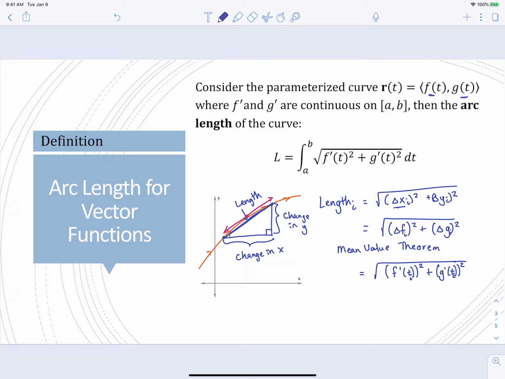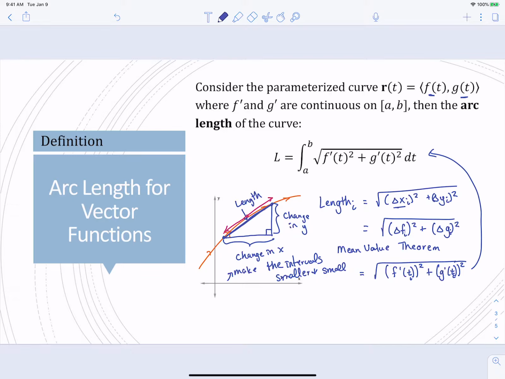But again, what we can do is take all of these little straight lengths and make the intervals smaller and smaller, and we can add them up. And then that leads us to our summation, which we can change into our integral.